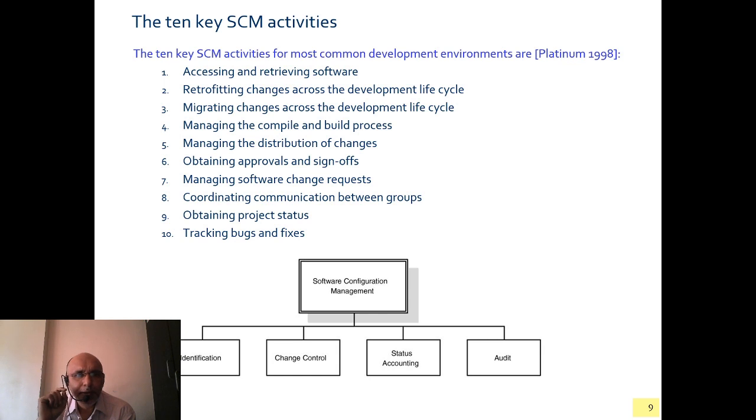So SCM activities range from accessing and retrieval of the software, retrofitting the changes, migrating the changes across the SDLC, managing the compile and build that we do regularly, and then working around with the change distribution, that so and so change has been considered and we have implemented the change.